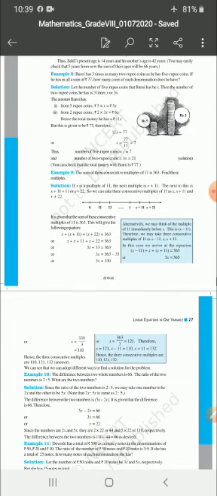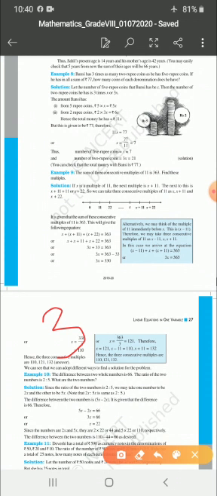Bansi has 3 times as many 2 rupee coins as he has 5 rupee coins. What is he saying?